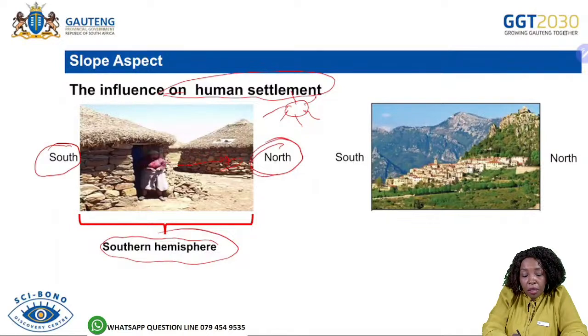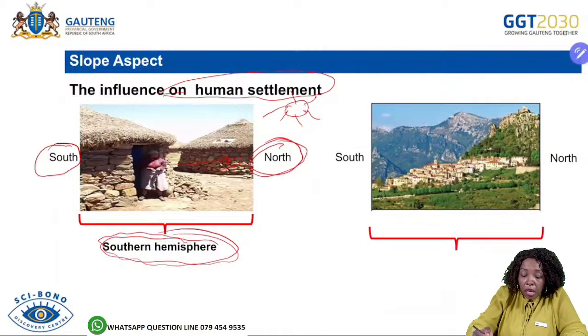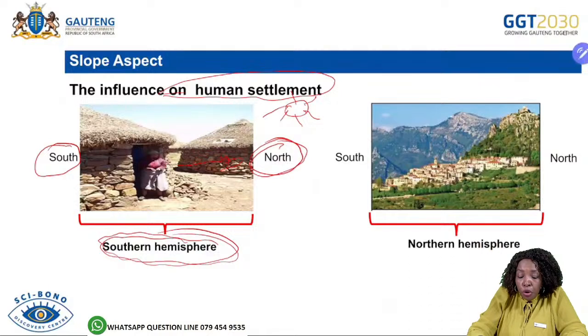So this would be an effect within the south-facing slope. So this would be typical of areas around Lesotho.